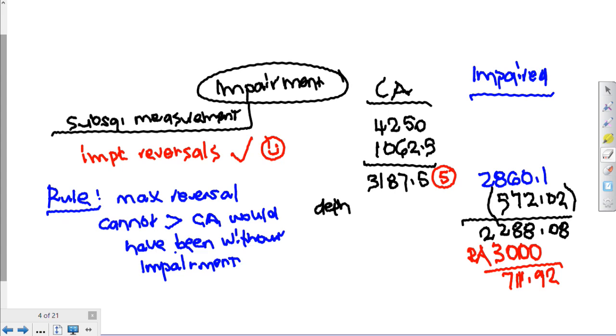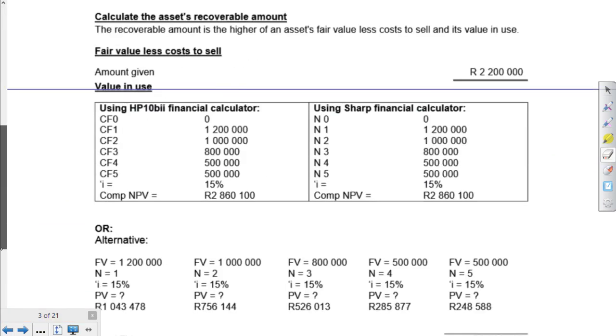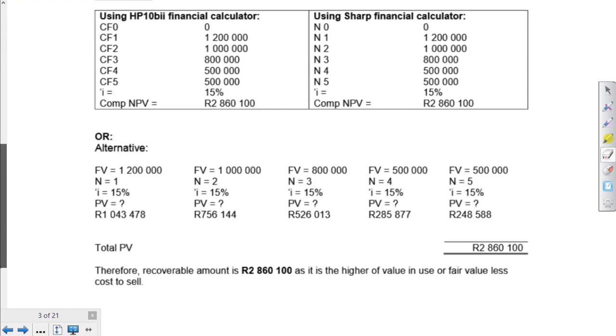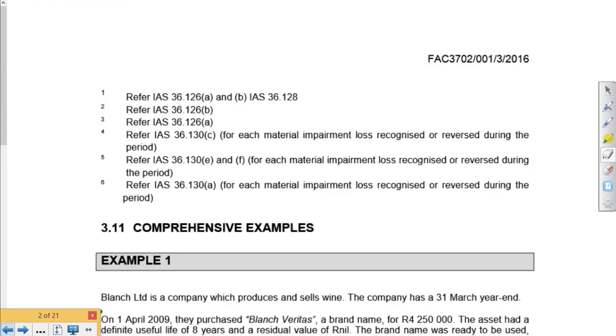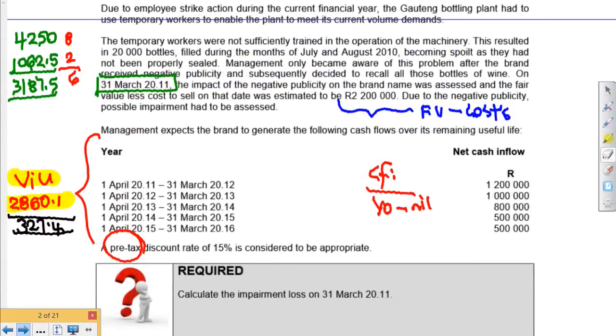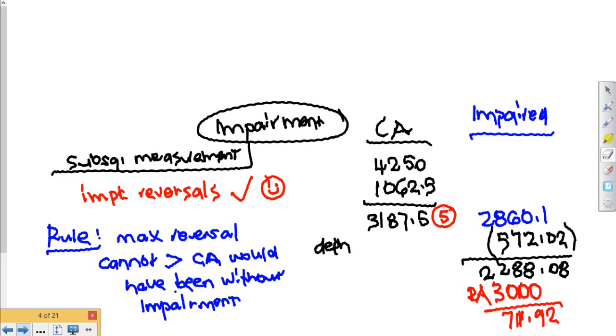Let me just check quickly. What was the impairment before? $327. Okay. Sorry, let me just correct these numbers just to make it work.